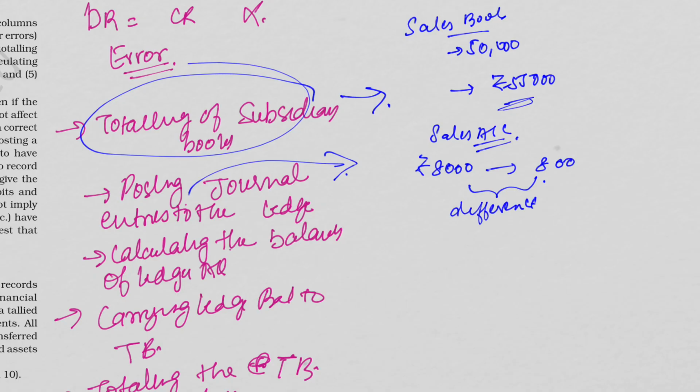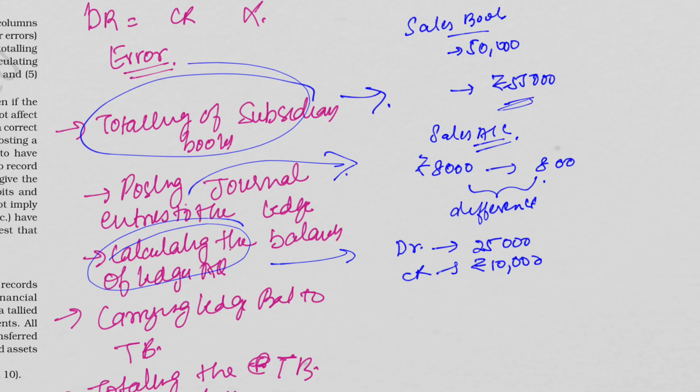Then we have error in calculating the ledger balance. If the debit side of an account totals rupees 25,000 and the credit side totals rupees 10,000, then the correct balance should be rupees 15,000. But if the accountant mistakenly calculates it as rupees 12,000, then an error occurs.